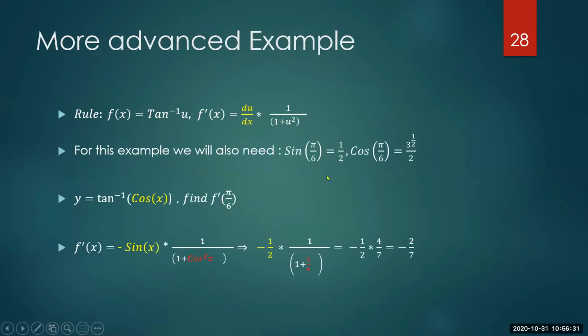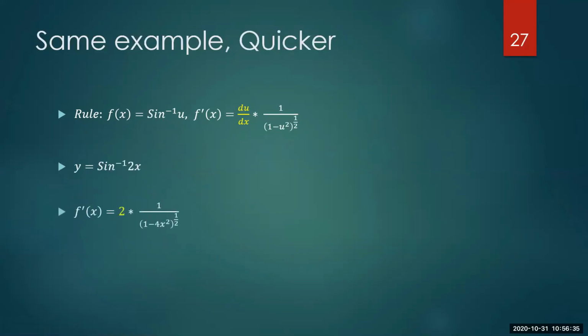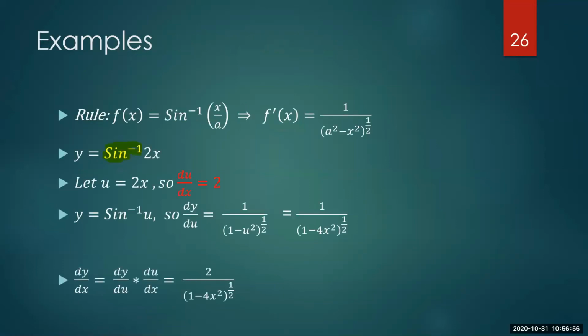And bang, you're done. So you can see we were able to solve this in one single line just by using the chain rule version of the arc sine rule. Whereas in the previous example, it took us 2 or 3 lines to get there.